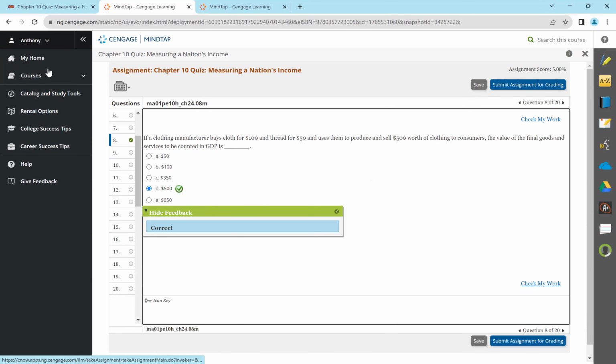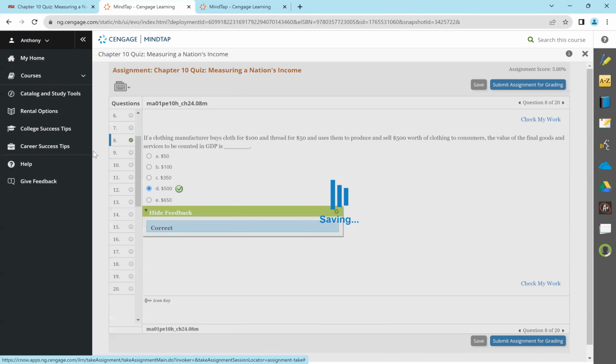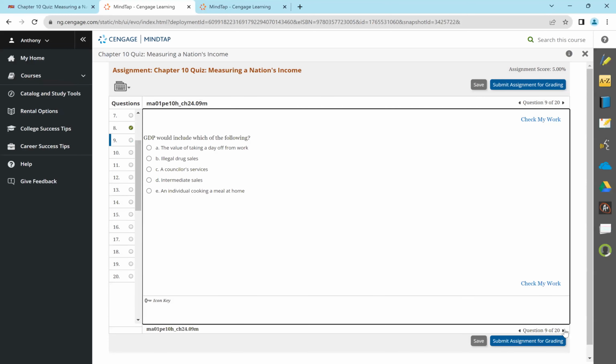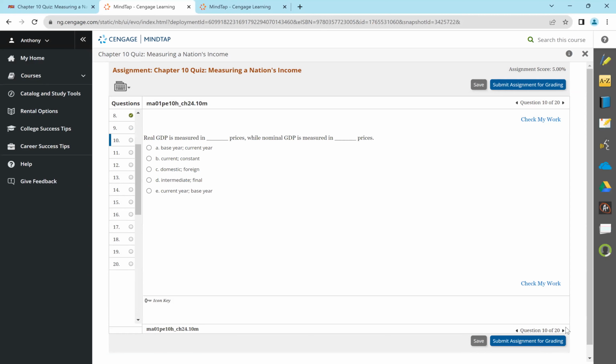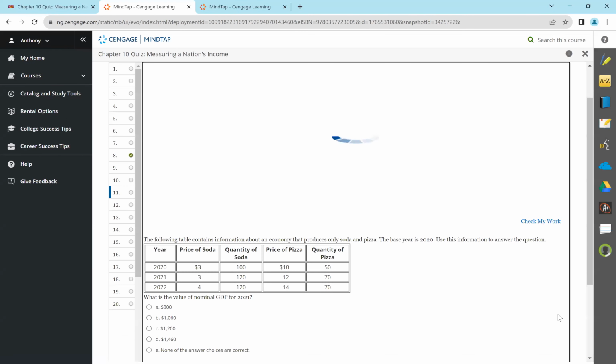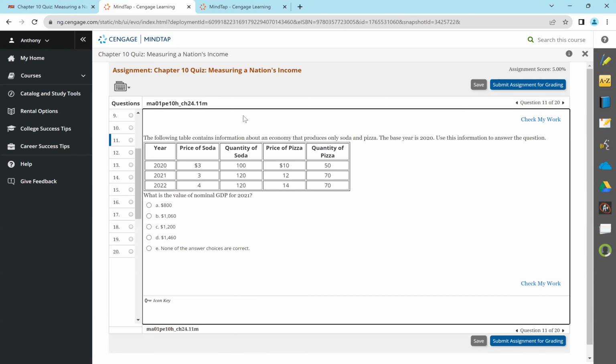It's the final amount that counts towards GDP. All right. The following table contains information about an economy that only produces sodas and pizza. Use this information to answer the question: what is the value of the nominal GDP for 2021?